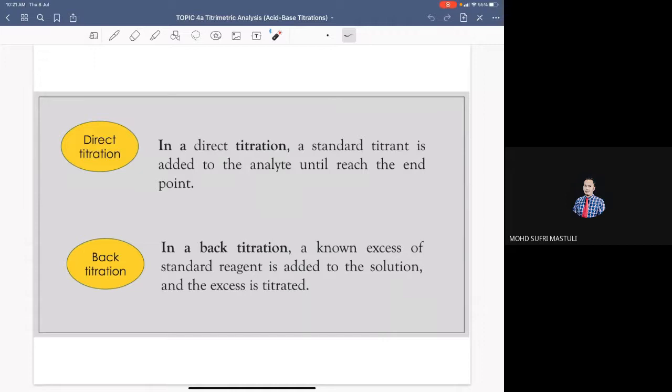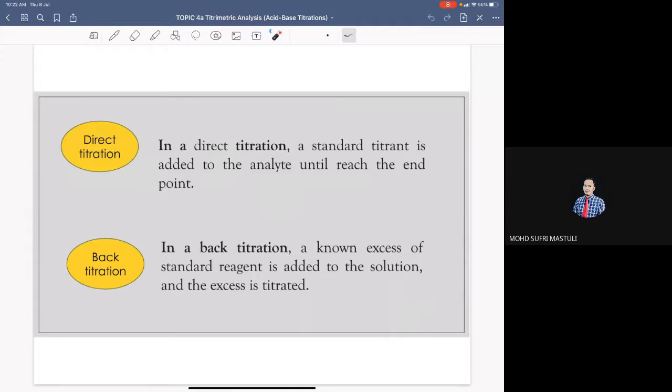Back titration is a double titration. First titration we add an excess amount of standard solution, and then the excess amount of standard solution will undergo a second titration using another second standard solution.